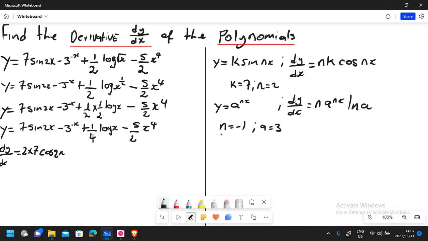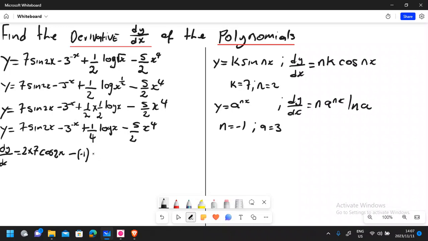So let's substitute. Now we're going to substitute this formula here. So please, guys, do not make those mistakes. Let's look at it. We have a minus already, this minus here, but then multiply by n. So this n is going to be -1, and then now we write our a.